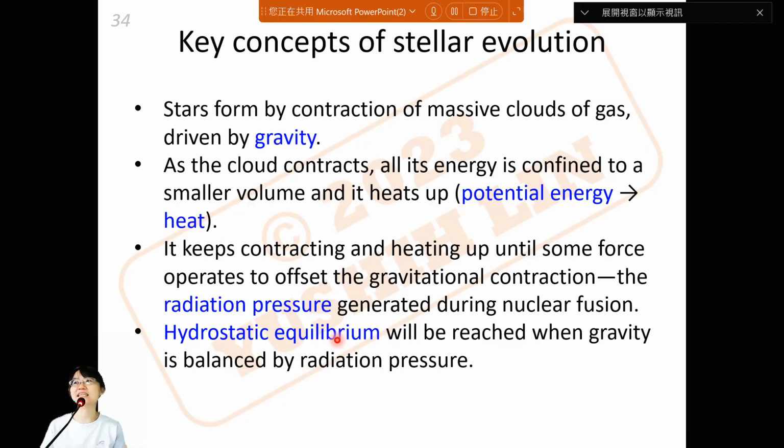That means it's not in equilibrium. If it looks the same today and tomorrow, and the day after tomorrow, then it means it's at equilibrium. And this equilibrium will be reached when gravity is balanced by radiation pressure.